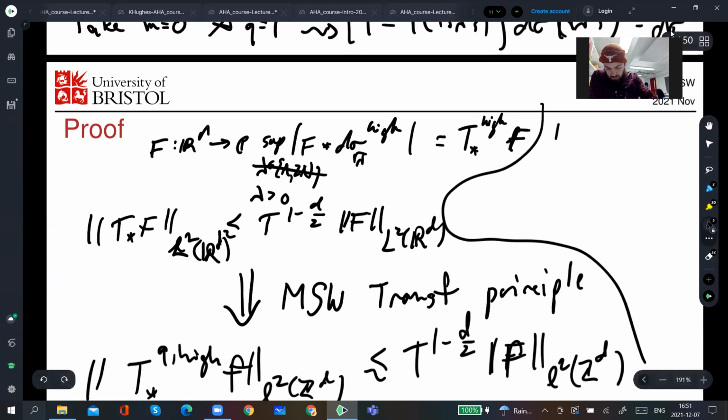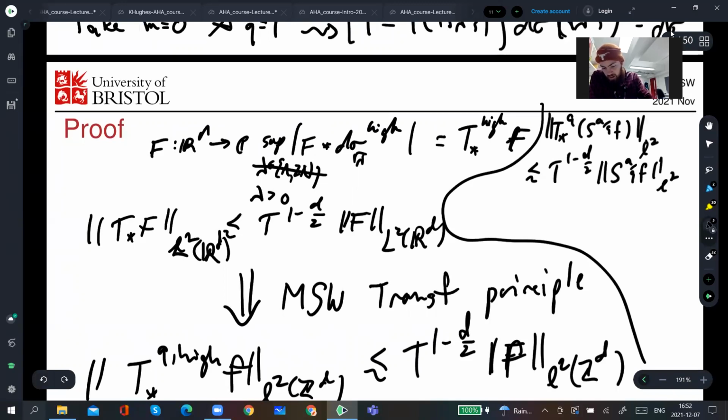So I have T star A_Q of S_{a/q} of F in L2. And I know that's by the Magyar-Stein-Wainger transference principle at most T to the 1 minus D over 2 of S_{a/q} F in L2.